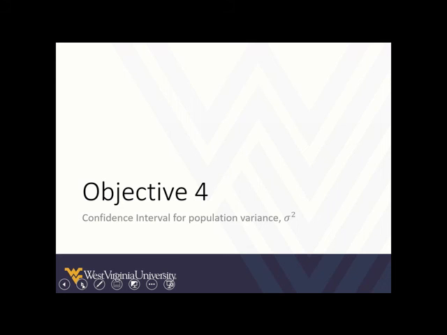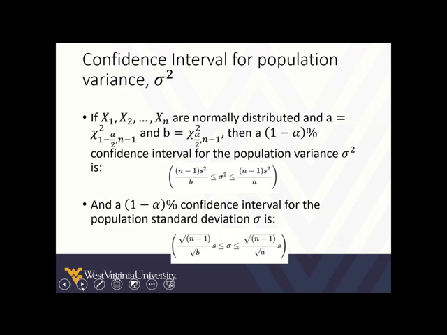Okay, so this brings us to our fourth objective, which is to construct a confidence interval for our population variance, sigma squared. And this occurs more in statistics than constructing a hypothesis test for the population variance, just as an FYI.